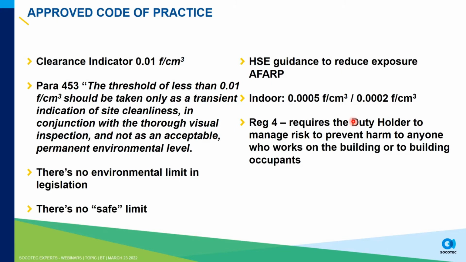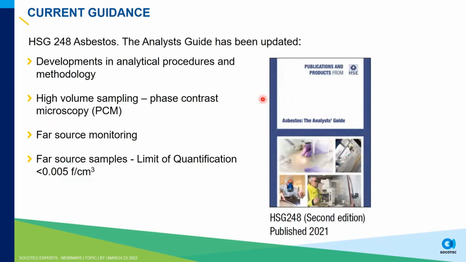Let me now quickly recap some of the improvements in the new guidance. HSG 248, the analyst guide, was in draft for many, many years and was finally published last year. One of the key changes to that document was the inclusion of different analytical techniques, which typically included fibre discrimination. What I mean by that is that there are techniques that can actually identify asbestos fibres on air samples.